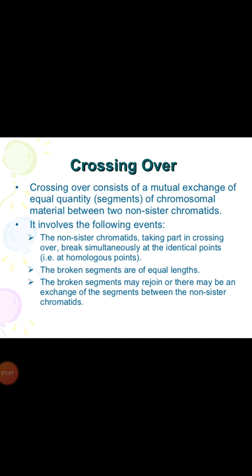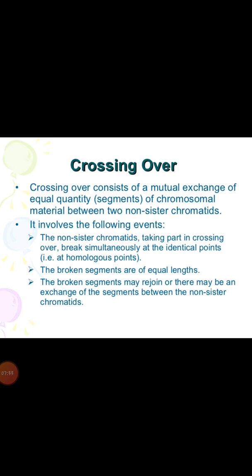During pachytene, crossing over also takes place. Crossing over consists of mutual exchange of equal quantities of chromosomal material between two non-sister chromatids. It involves different events. The non-sister chromatids taking part in crossing over break simultaneously at the identical point, that is, at homologous points.